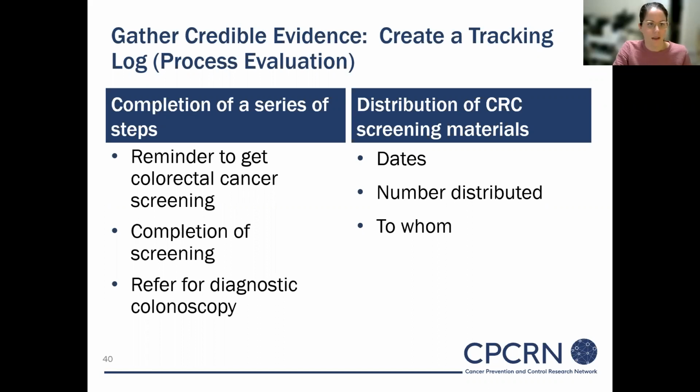In our FluFit example, we might track reminders to get colorectal cancer screening, completion of screening, or referrals for diagnostic colonoscopy. And you can include information like the dates, the number distributed, who it was distributed to, and it can help you keep track of whether or not you're implementing your program the way you intended, and that things are working and you're able to achieve the activities that you set out to achieve.